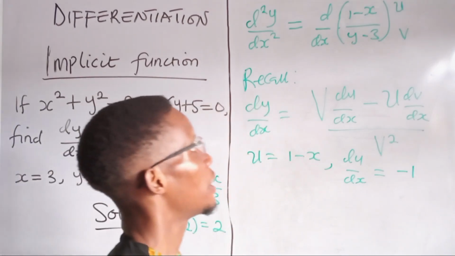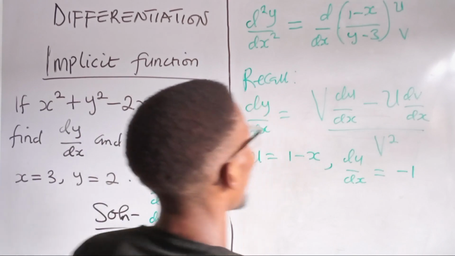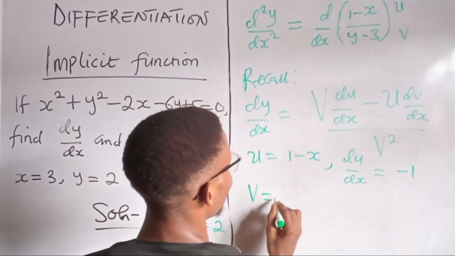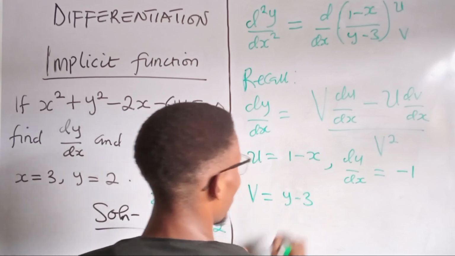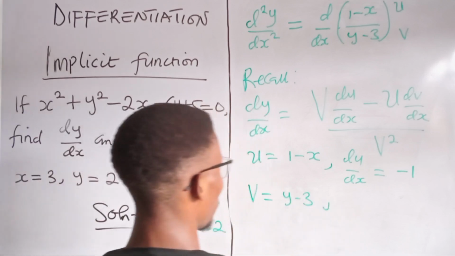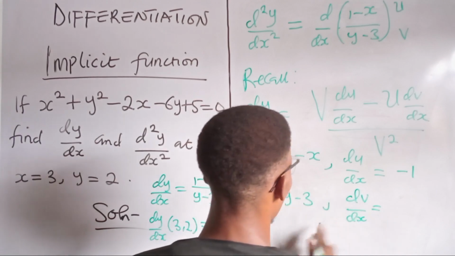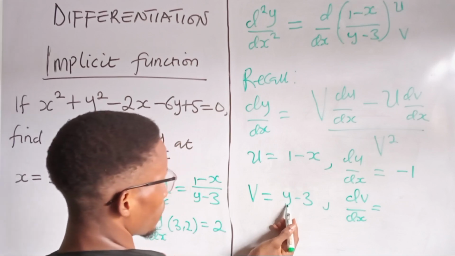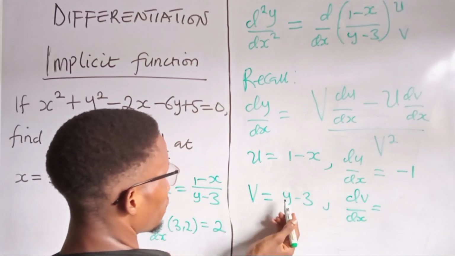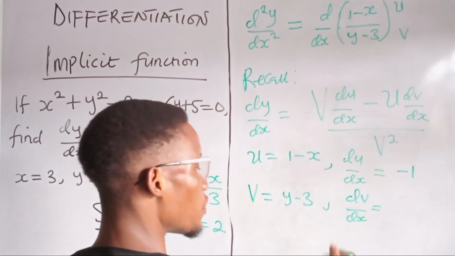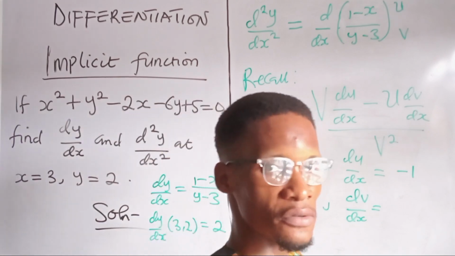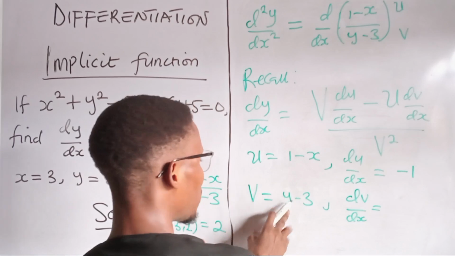Now, coming to v, v is equal to y minus 3, so dv over dx is going to give us, differentiating y with respect to x, dy over dx, because we are not differentiating with respect to y.